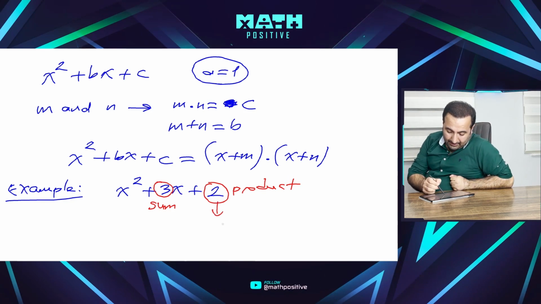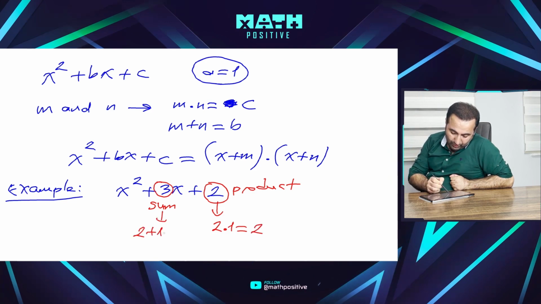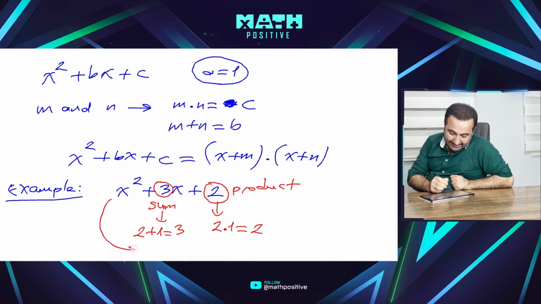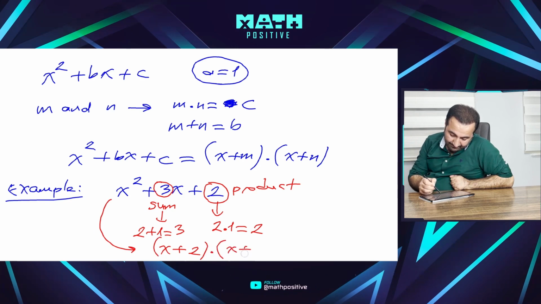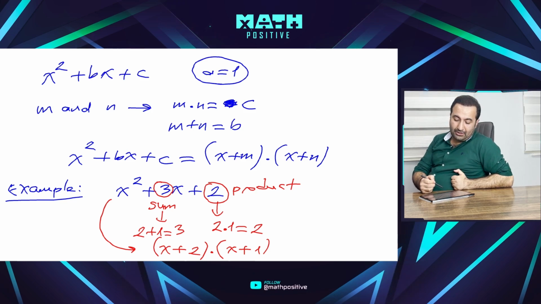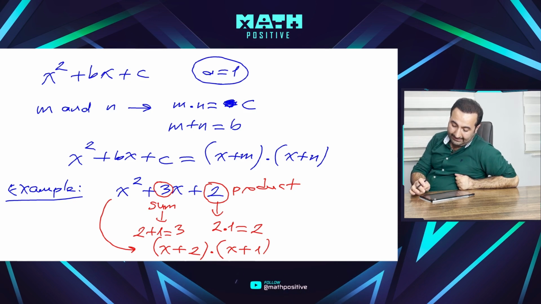These numbers are 2 and 1. 2 times 1 equals 2 and 2 plus 1 equals 3. Then our expression can be factorized as x plus 2 times x plus 1. You can check whether you have done this correctly.